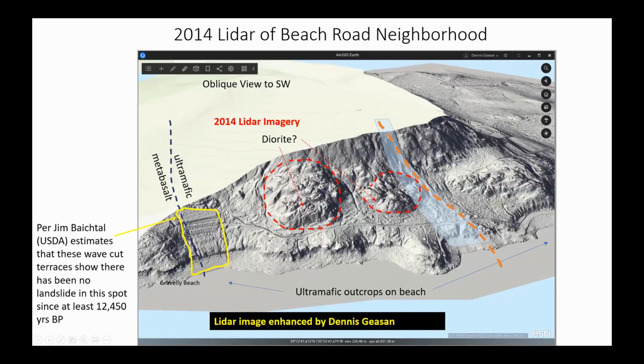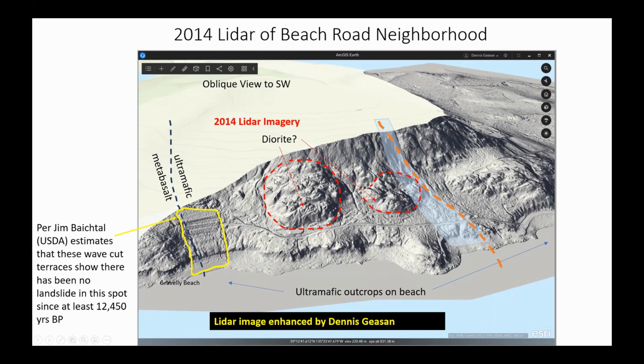So here's again the neighborhood, but I've added some things. So I think the diorite, you'd see these kind of humps in the topography there. Diorite's a little harder, and so I suspect if somebody went and walked through the forest and dug holes through the soil and trees, they could find that, I would guess that those bits are diorite. I don't know, but we definitely know we have some big sections of diorite that we did not know we had before.